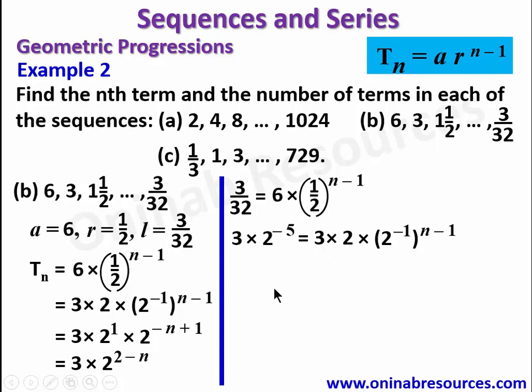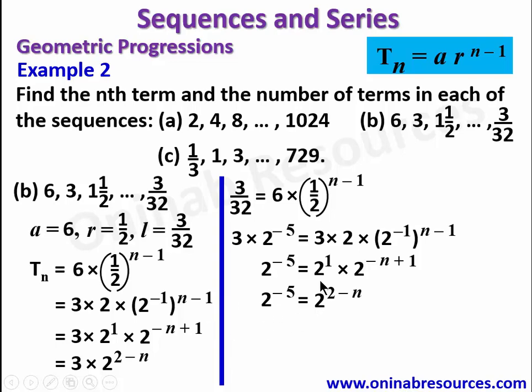We'll be left with 2 raised to power negative 5 on the left hand side, and this is equal to 2 raised to power 1 times 2 raised to power negative 1 plus 1, after applying the law of indices, where we add the indices here. So on the right hand side now we have 2 raised to power 2 minus n, as we simplified here.